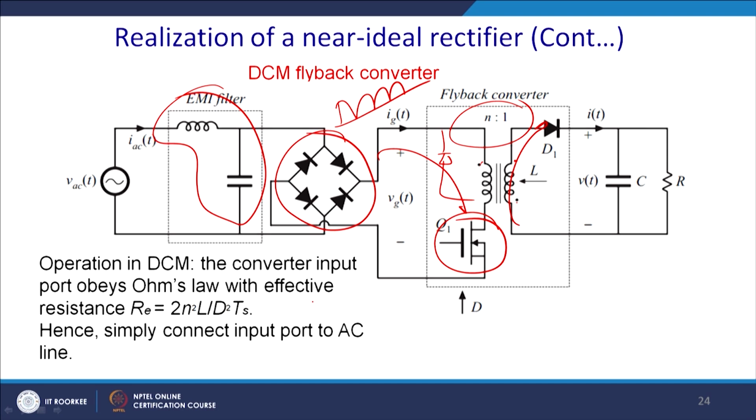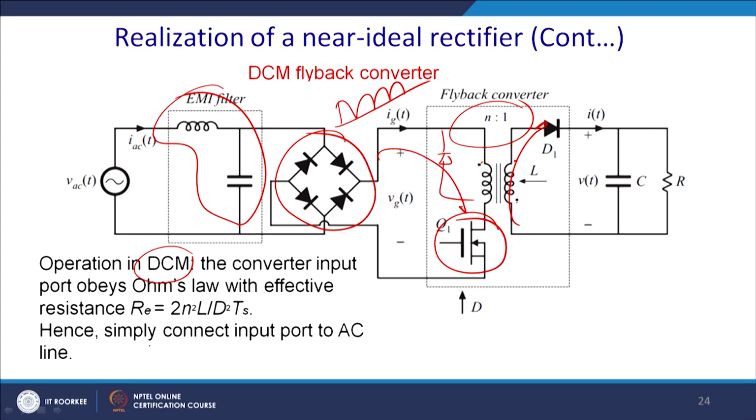Thus in operation in the discontinuous conduction mode, the converter obeys Ohm's law, and the effective resistance is 2N squared L by d squared Ts, where L is the leakage inductance, not of the EMI filter, but of this inductor.